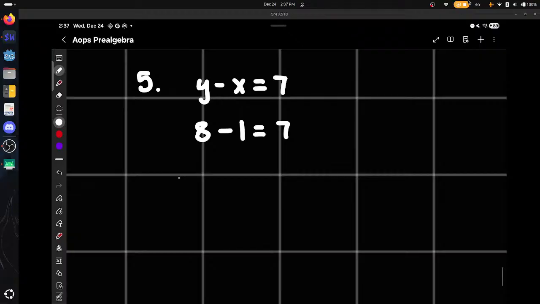But if we swap them, we'll get -9, I believe.